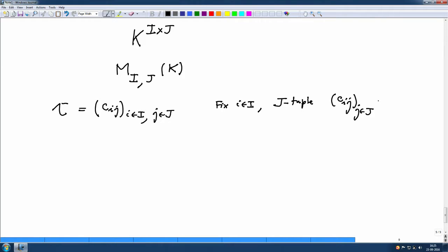This is an element in k power J, and this is called the jth column of C.